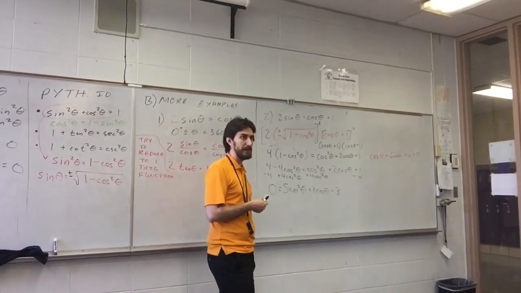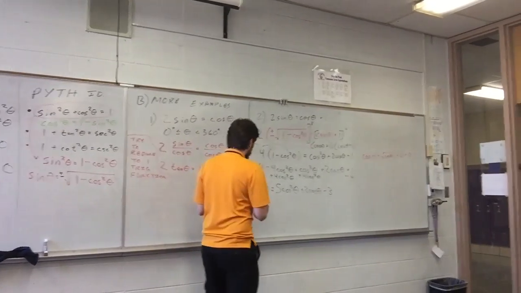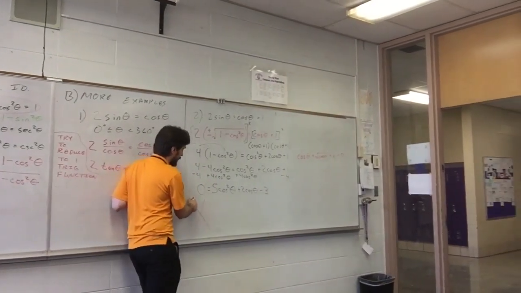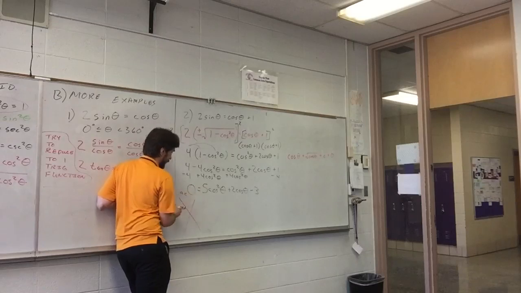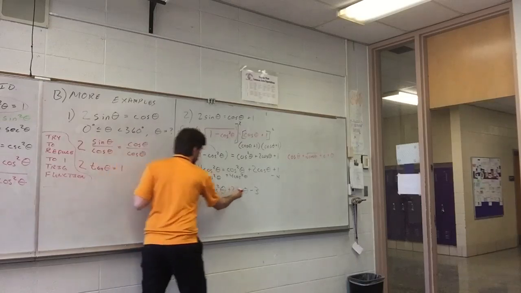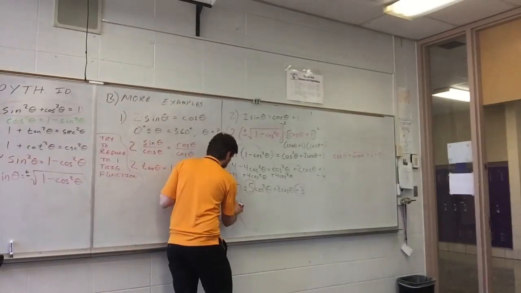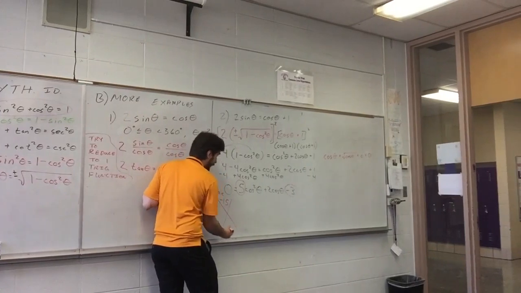Do you remember how to do the AC method? You make the little chart. What's A times C? Negative 15. And then B goes down here.